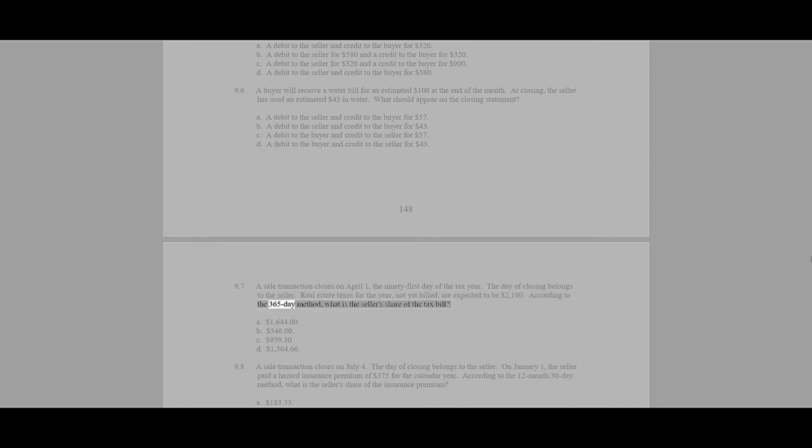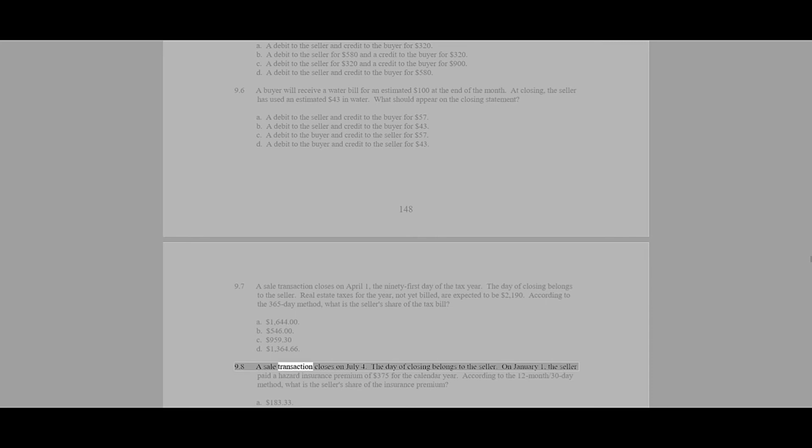According to the 365-day method, what is the seller's share of the tax bill? A. $1,644. B. $546. C. $959.30. D. $1,364.66.